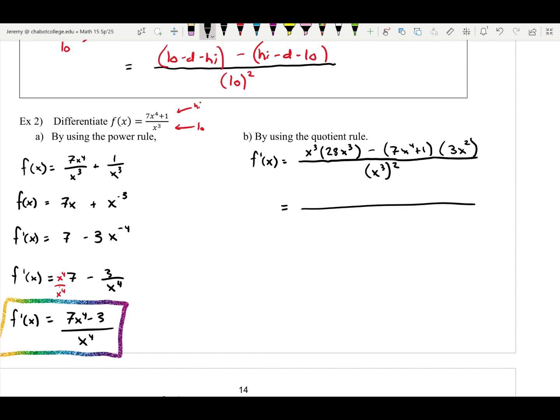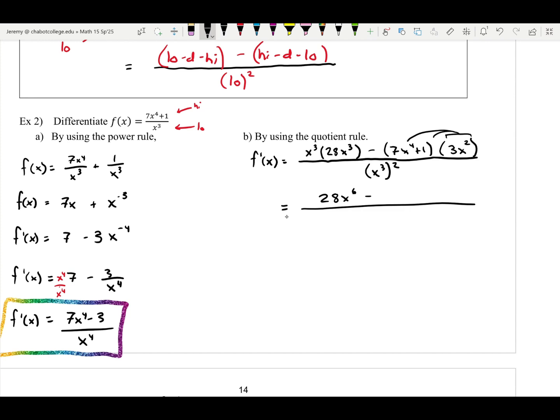So now we just got to simplify. I'll get 28x to the 6th minus, and then distributing this 3x squared to those terms there.